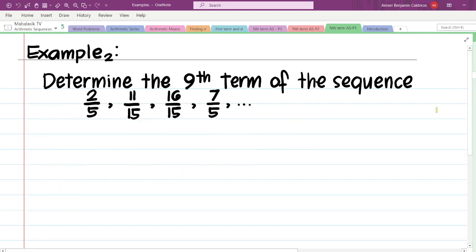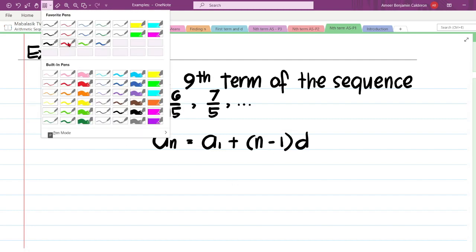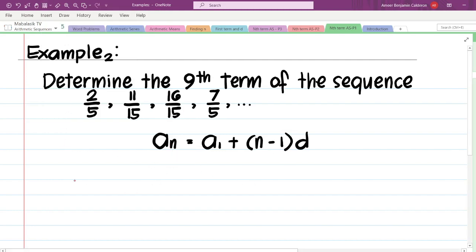So we have to determine the ninth term of the sequence: 2 over 5, 11 over 15, 16 over 15, and 7 over 5. So let us write our formula first. a sub n equal to a sub 1 plus the quantity of n minus 1 times d, and identify the terms in our formula from the problem.